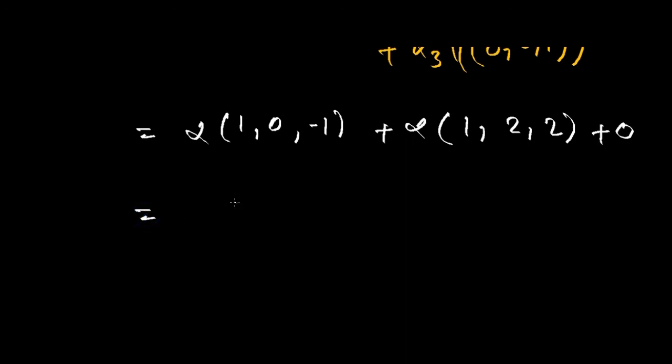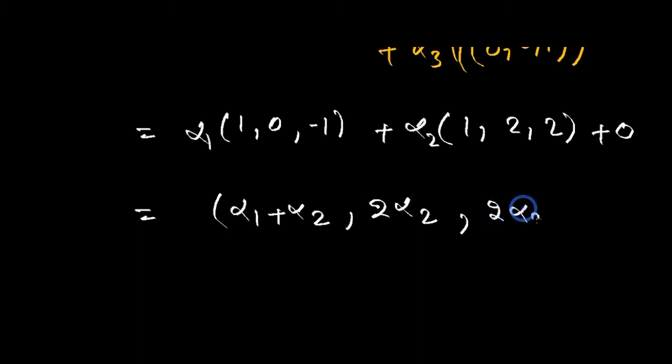This will become alpha 1 plus alpha 2 as the first coordinate, the second coordinate will become 2 alpha 2, and the third coordinate will become 2 alpha 2 minus alpha 1, right?